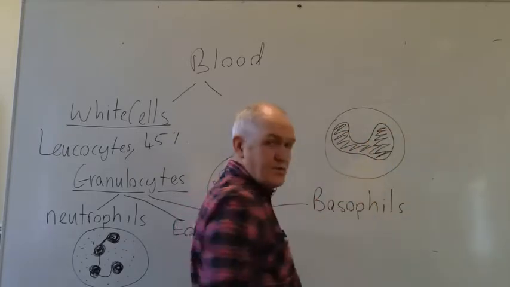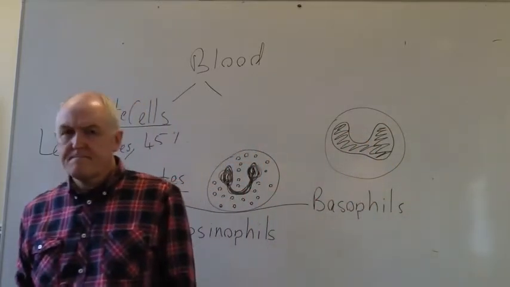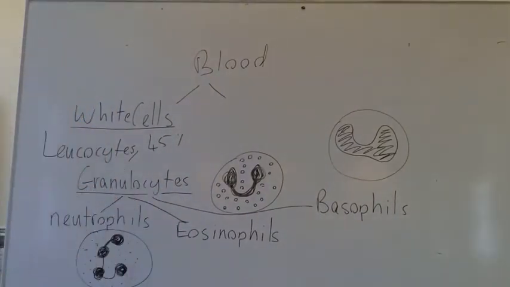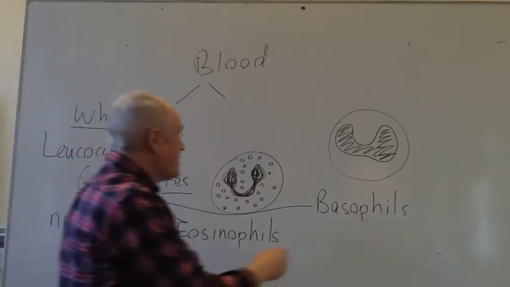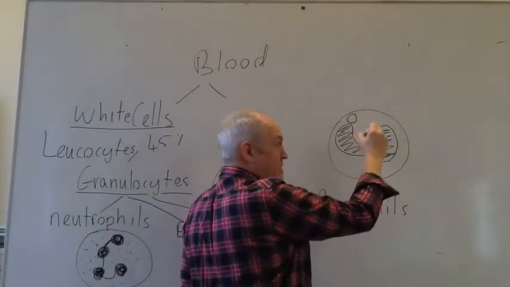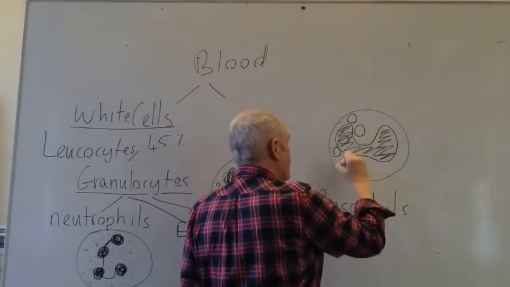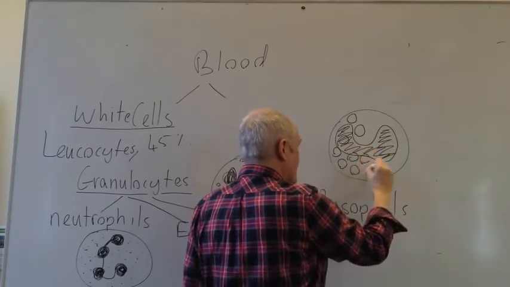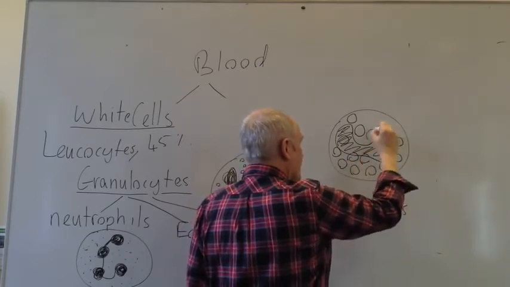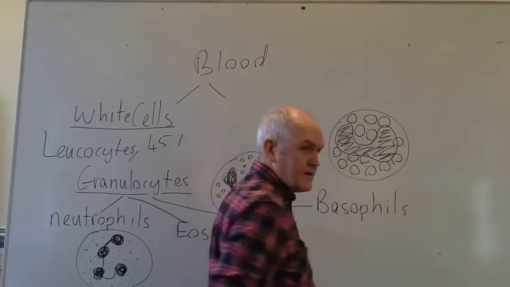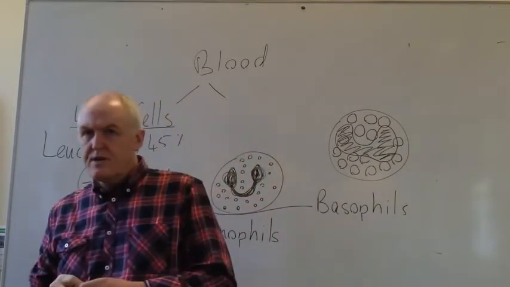So it's basically a two-lobe nucleus that's joined together in a basophil. Very strange nuclei, these granulocytes, haven't they? But if you actually look at a basophil under a light microscope, you can't see the nucleus because there's so many huge granules all over the place. So basophils have huge granules.